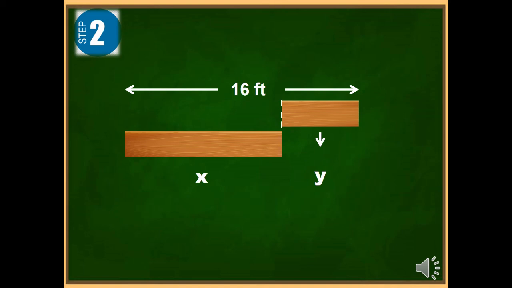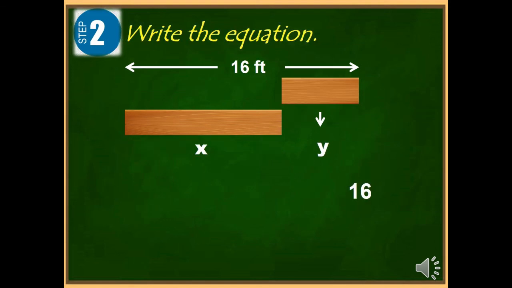One is longer with the length X, and the shorter one has the length Y. When we add the length of the longer piece and the shorter piece, this will lead us to writing the equation X plus Y equals 16.